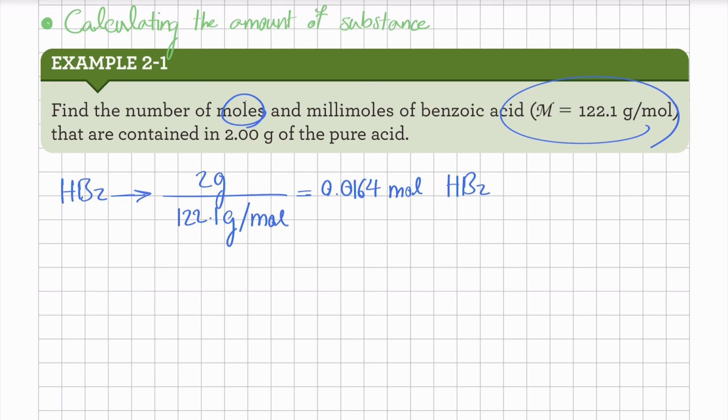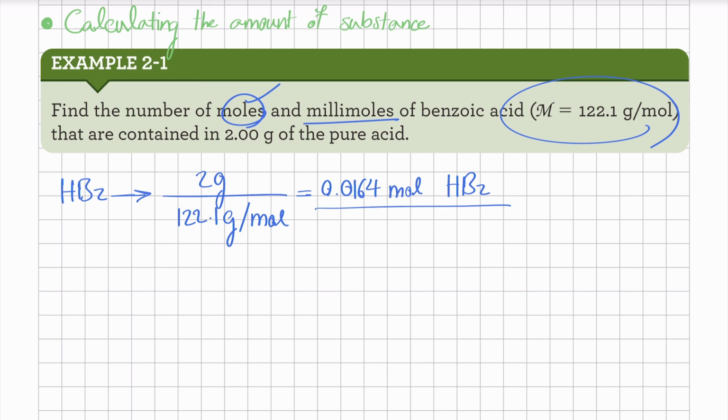Okay, we are done with the first part of the question, but we still need to calculate the millimoles of benzoic acid. When you have the moles of a substance and you want to calculate the millimoles, you can simply multiply your answer by 1000.